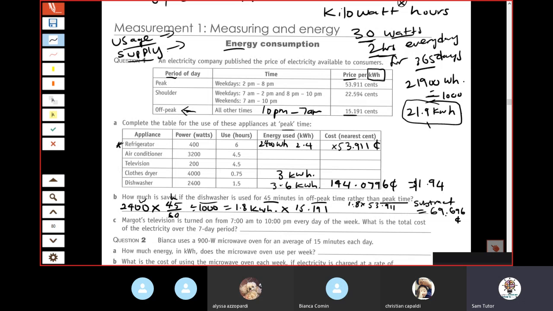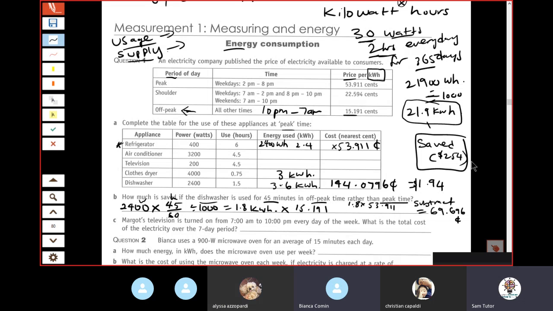Now, obviously, it doesn't sound like much, and it probably isn't much. But if you did it every single day, 70 cents times 365, you would have saved yourself about $254 a year.